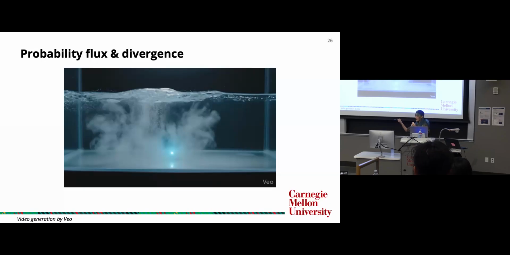And second, based on how fast the particles flow, the probability density, which is like the water amount at this particular location, also changes. Okay? Any questions?